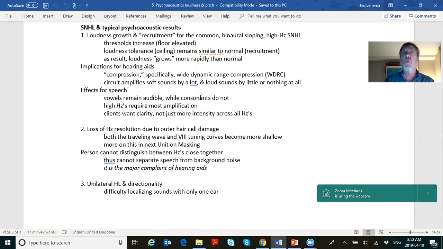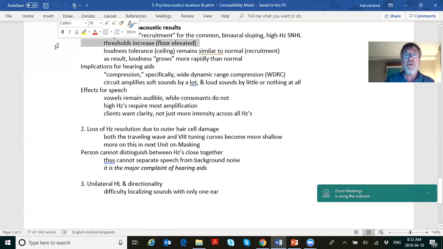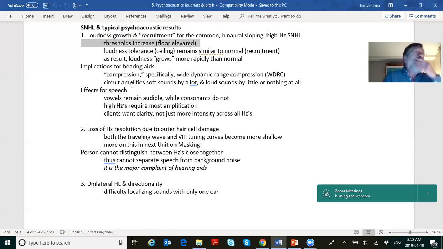Number one, loudness growth and recruitment. In other words, the dynamic range got smaller, the ceiling was the same, but the floor is elevated. The thresholds increase, the decibels required to just barely hear are increased, but your ceiling of loudness tolerance hasn't changed.